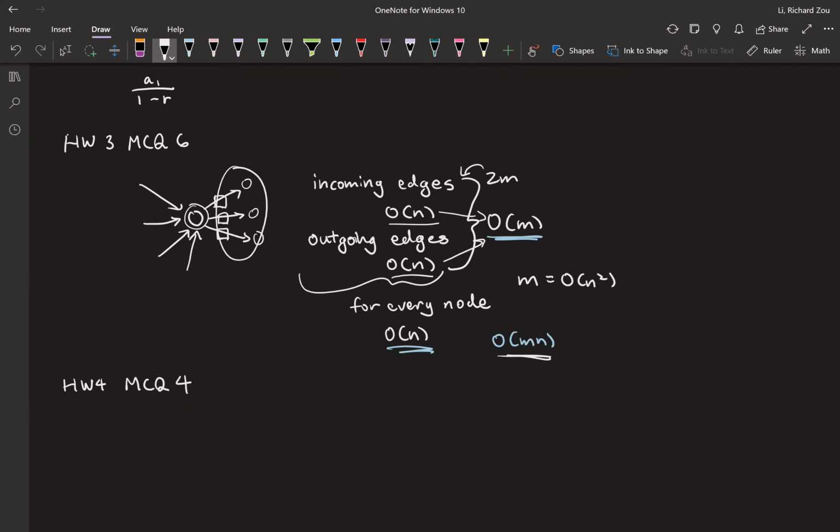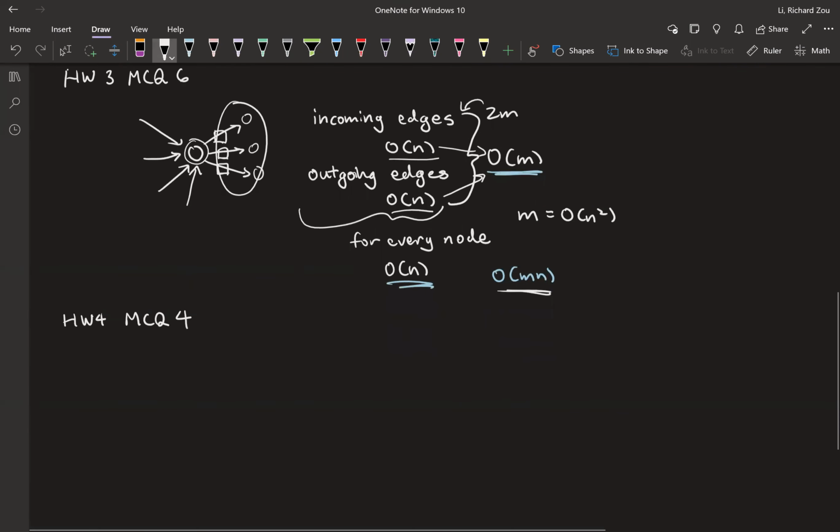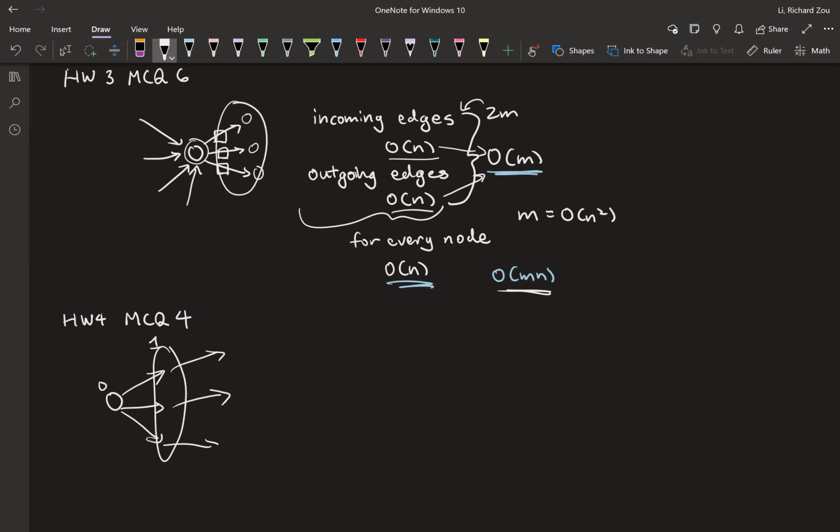And this is false. This is because, let's just say we run BFS and we're going to draw out the layers. So this is layer 0. There's a bunch of edges that lead directly from layer 0 to layer 1, a bunch of directed edges lead you to layer 2, and so on, right?